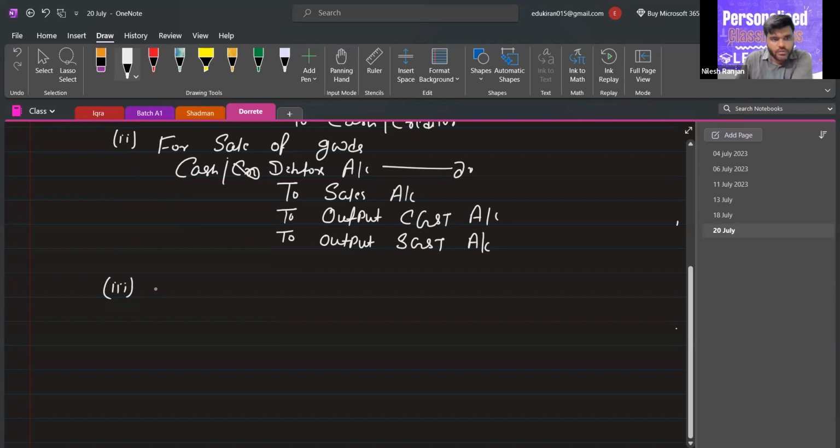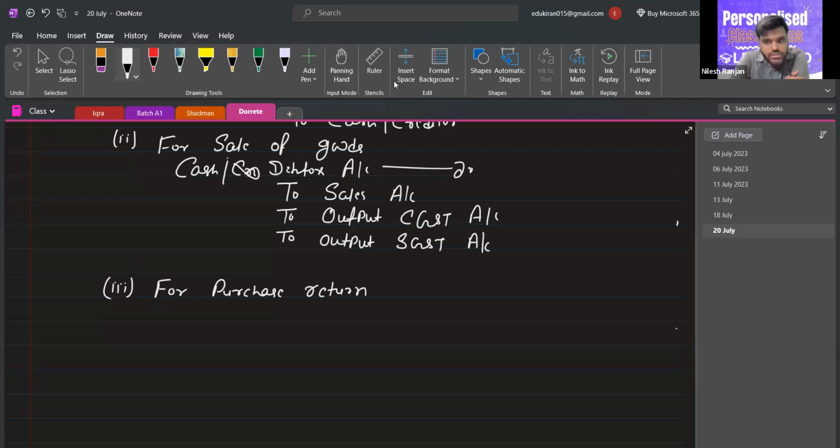For purchase return. When we purchase, sometimes we return the goods to the creditors. Yes, when we purchase some goods, sometimes we return some of them, so it is called purchase return.